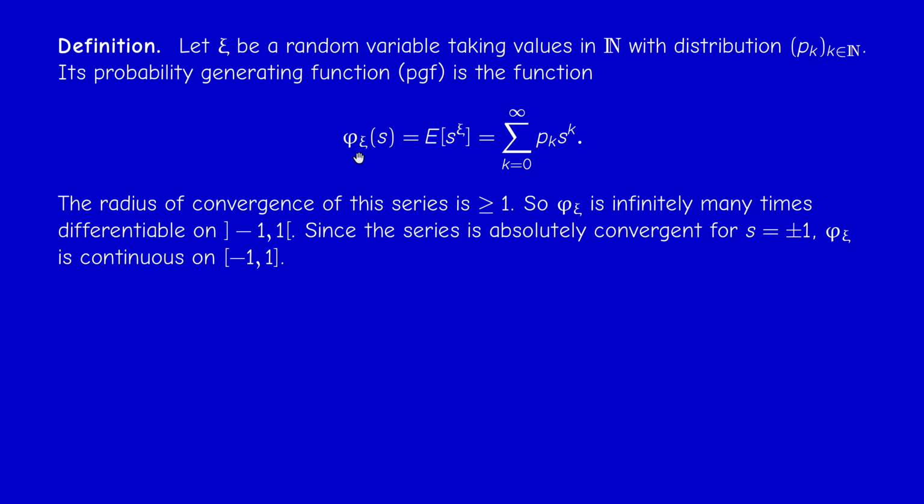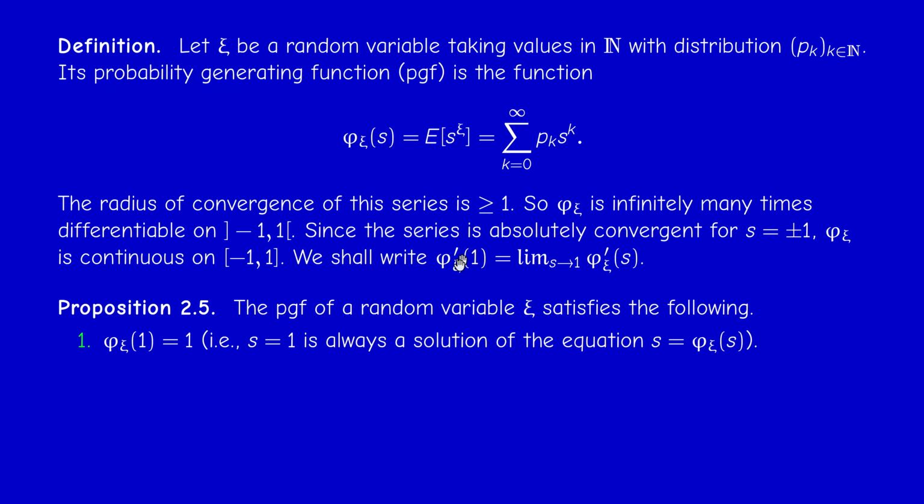So phi is analytic on (-1, 1) and continuous up to the boundary. So we see that actually 1 is always a solution to the equation s equals phi_xi of s. Okay, because when I put s equal 1, I get 1. So phi_xi of 1 is 1. So we always have one solution. q equal 1 is already a solution.